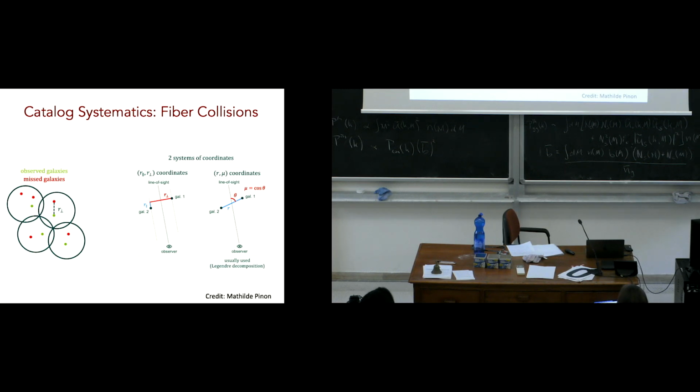We can calculate what our fiber radius is, translate that to a perpendicular separation assuming a cosmology, and we know what's going on. But if we are using the usual Legendre decomposition in terms of just radius and cosine theta, or separation and cosine theta, the situation gets more muddled.